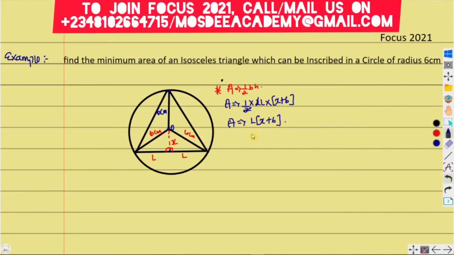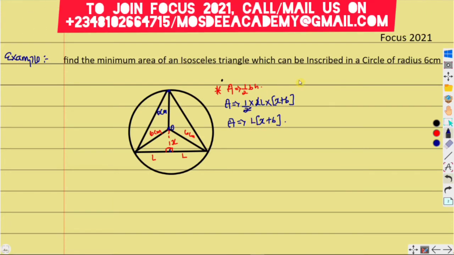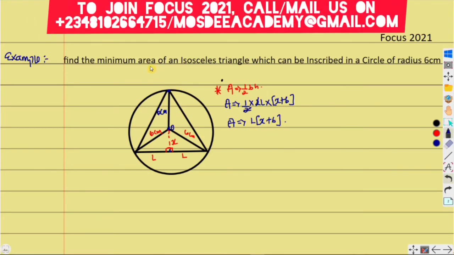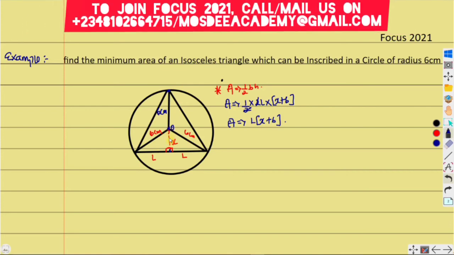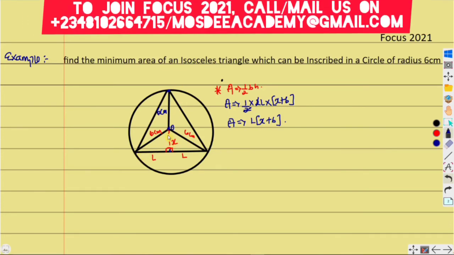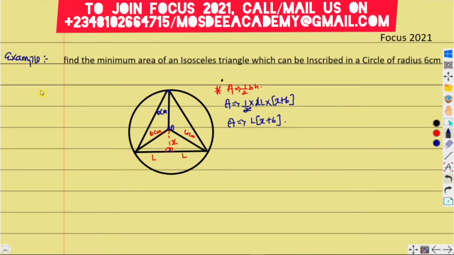So from here we can see that we have two variables, L and x. What I need here is the maximum or minimum area of an isosceles triangle. So base times height, I can try to set up a relationship from here, a right-angled triangle, and use my Pythagoras theorem. This is 6, this is x, this is L. I hope students are still there.